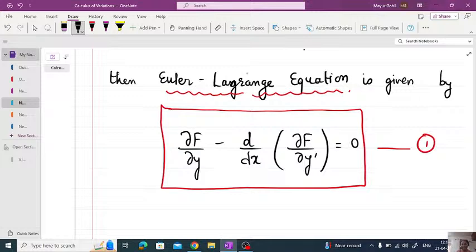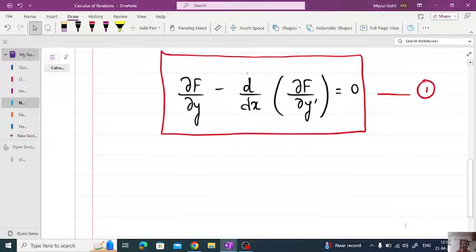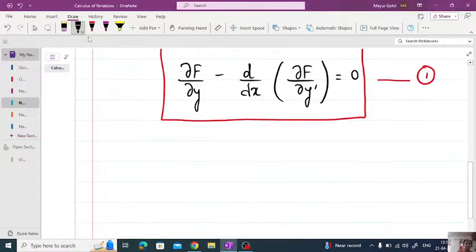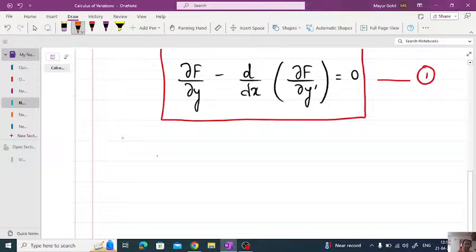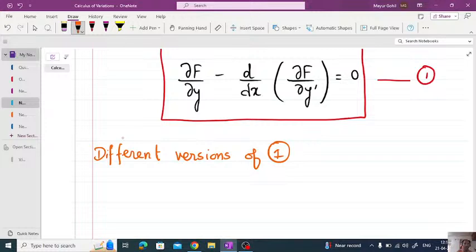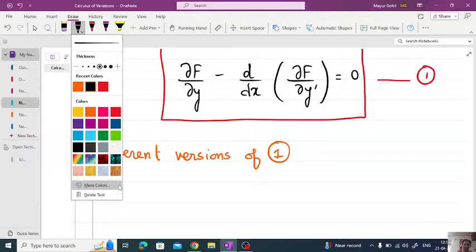So let us go ahead and see the next formula. Now see, the formula has different versions. Okay, the first formula has a different version. I'll write over here with another color. Different versions of one. Now what are the cases? You see the cases and then you apply it.